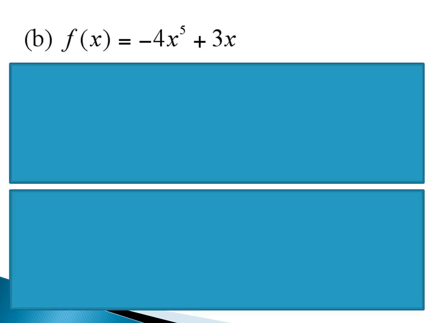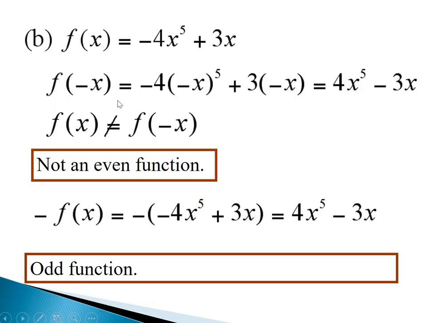Here's another example. Negative 4x to the fifth plus 3x. We're going to plug in a negative x everywhere. So when I plug in a negative x here, and I plug in a negative x here, notice that these two functions are not the same.